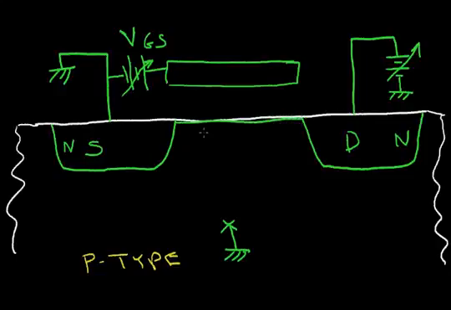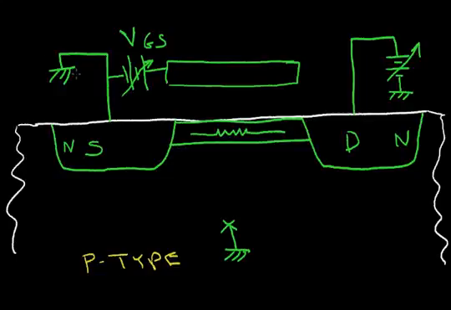And as we increase the voltage gate to source even more, we drive this channel down deeper and we form a resistor in this region.